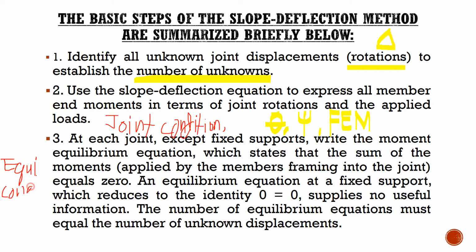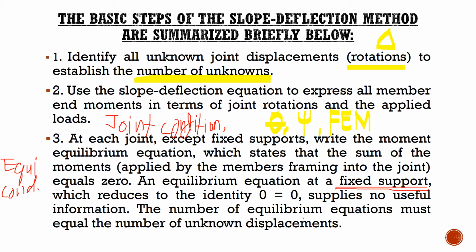Okay? So an equilibrium equation at a fixed support reduces to the identity 0 is equal to 0, so it is useless, guys. So if a joint is a fixed support, then you can just put the moment as 0. So it supplies no information.